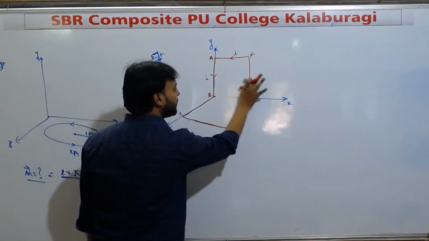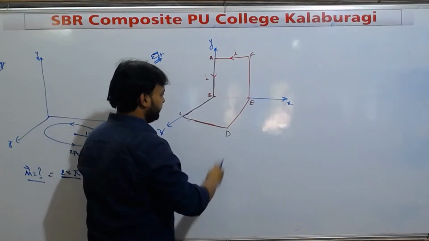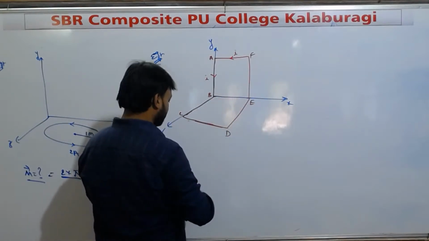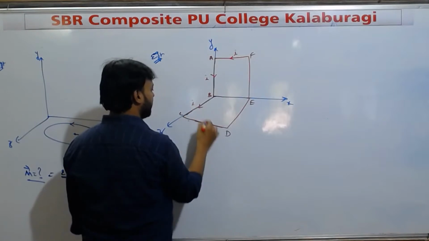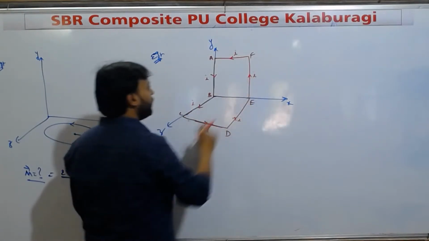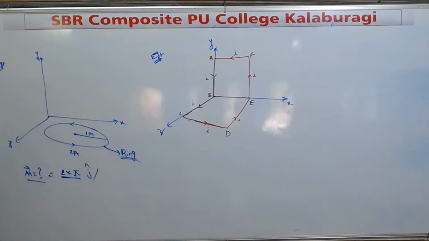Yeah, this is one of the confusing ones. What is the net magnetic moment? Standard questions.